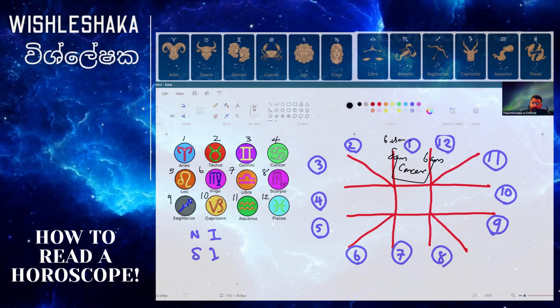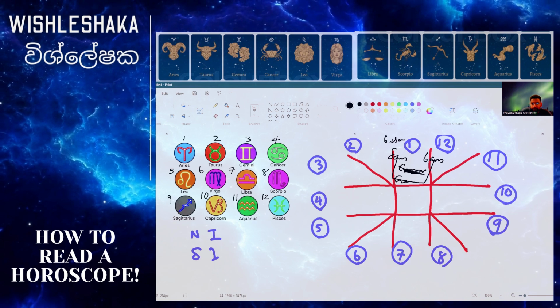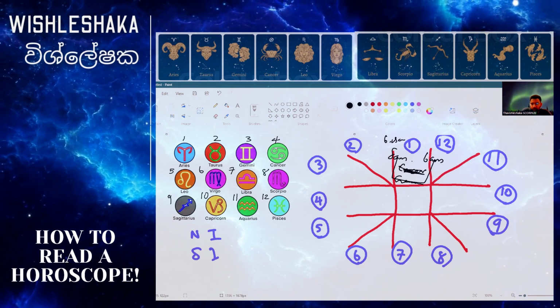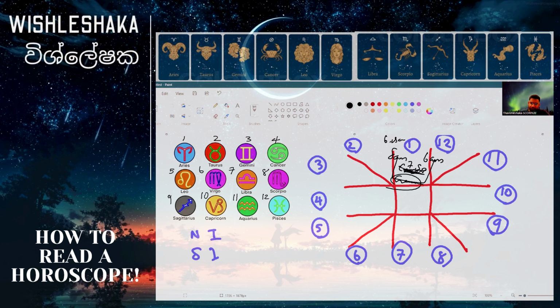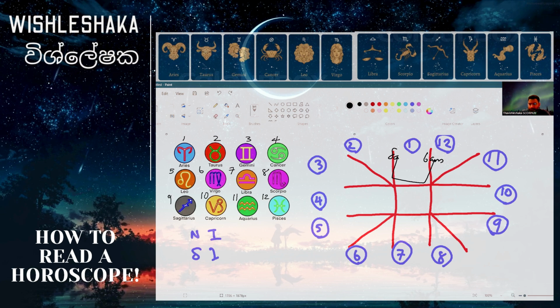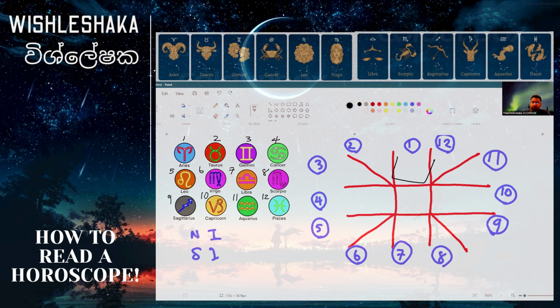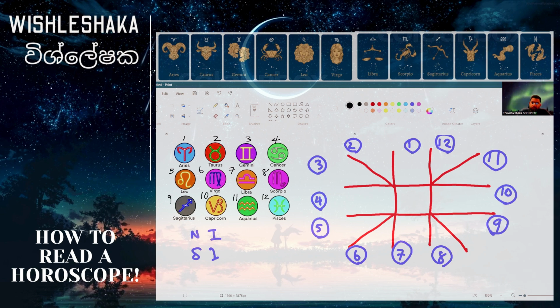You know what I mean? If this is Gemini, and that person is born at 7:50, still it's a Gemini ascendant. That's how you figure out the sign of the horoscope.